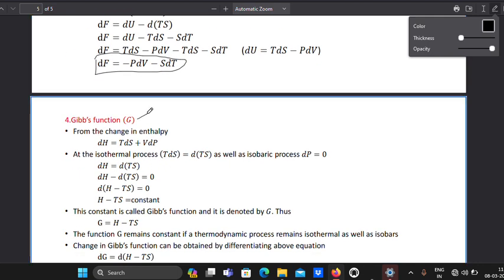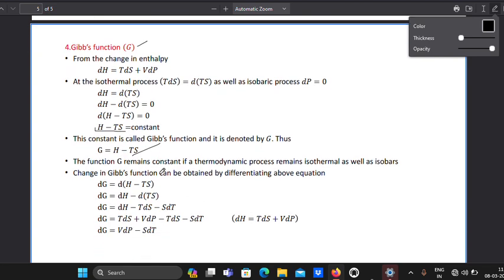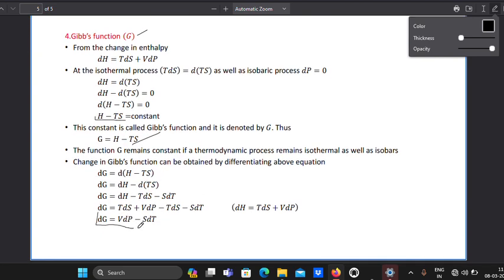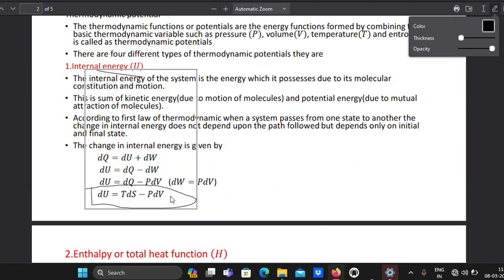And next, the last one is the Gibbs function. So the Gibbs function formula, not only this one, and also its change. Why? Because by using these changes only, we can calculate the Maxwell relations. If you want to easily remember the Maxwell relations, then you must remember all these differences. Okay friends, don't forget this, video watching till the end.